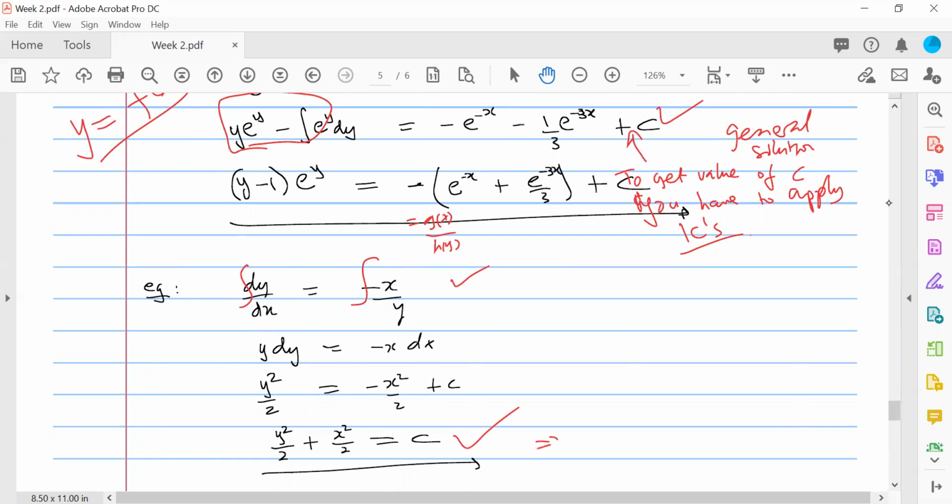And this is an equation of a circle where y squared plus x squared is equal to some 2c, just call it d. All right. So this is the equation of a circle with the radius, what? With the radius root of d or root of 2c.